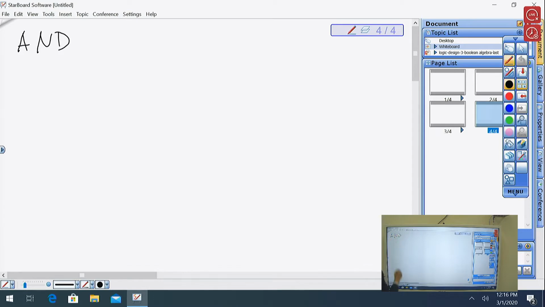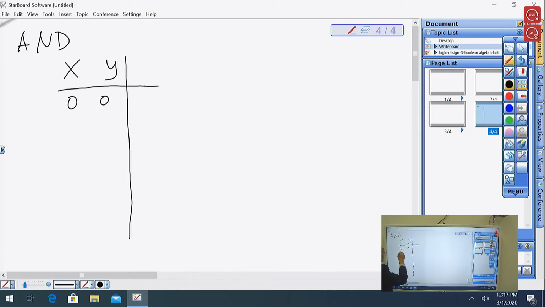And if we have two variables, x, y, the truth table for the AND. In the truth table, we list all the states of the variables. Since we have two variables, we have 4 states.